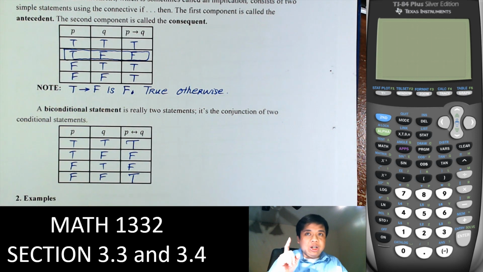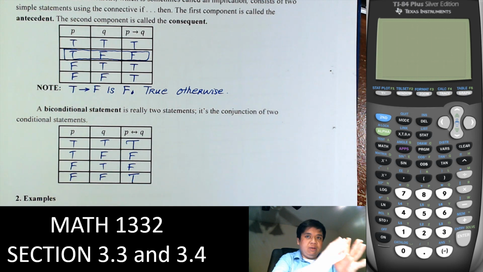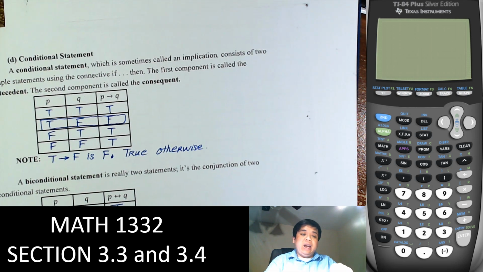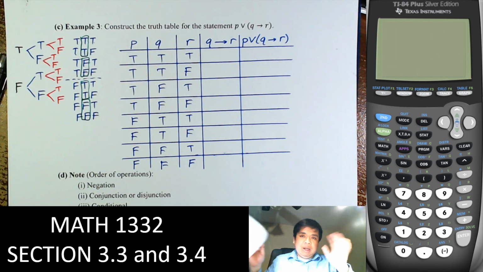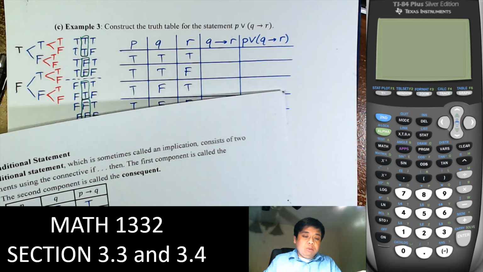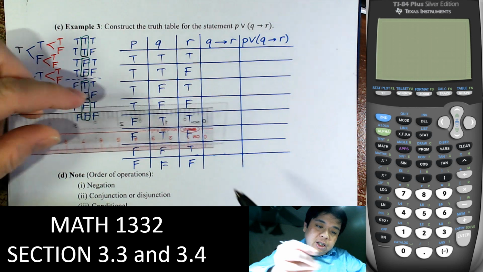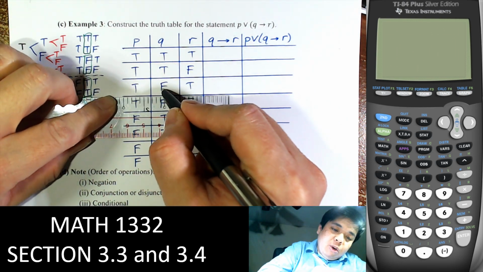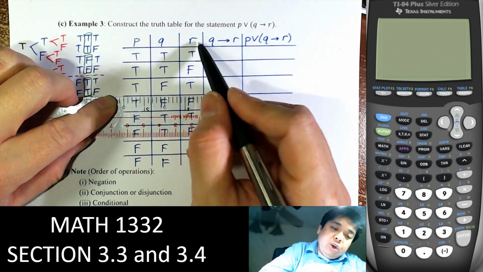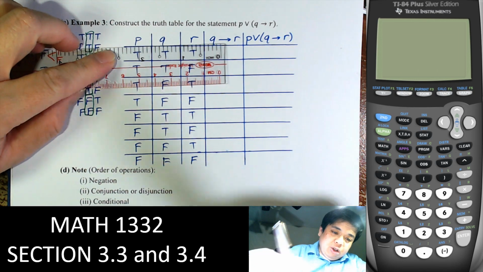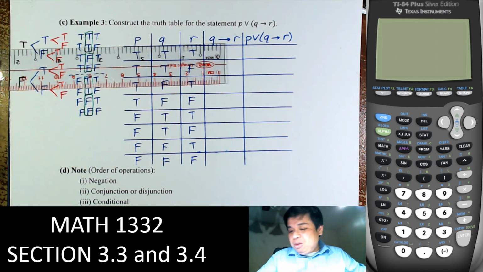Notice in that direction only, a true statement in the if, and a false statement in the then, makes it false. So keep that in mind. If we have a true implies false, remember it's Q implies R, that's why we have to look in this direction. Be very careful with this.